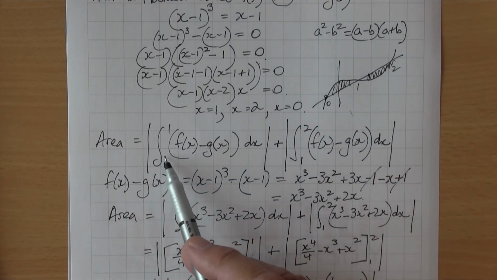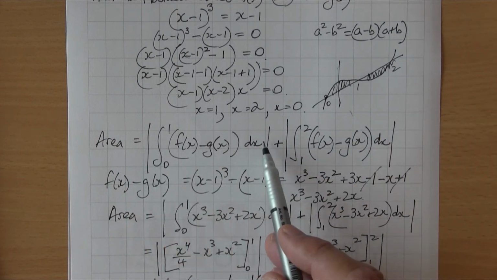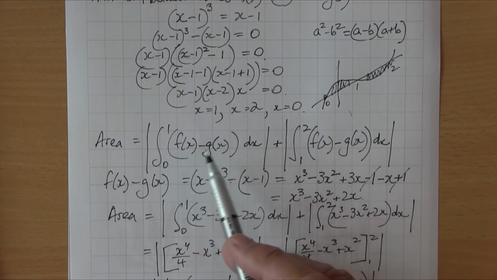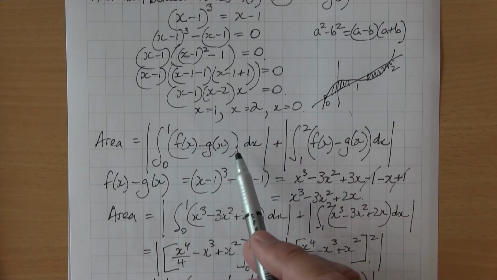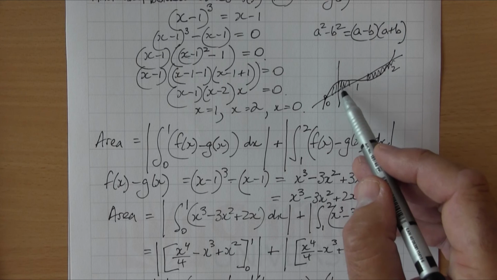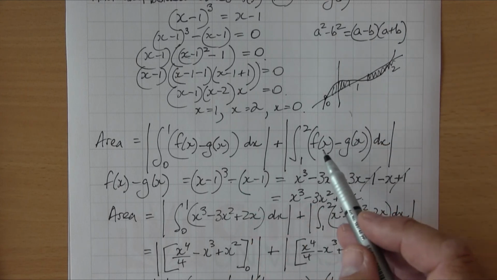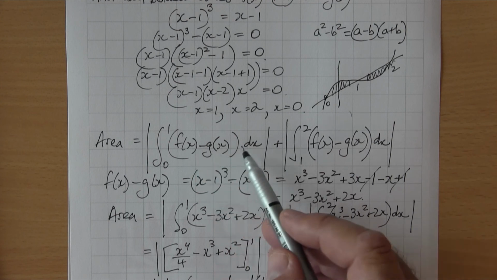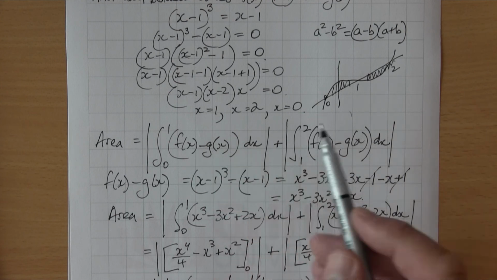So to find the area, if we use the absolute value, we don't have to worry about whether we make it g of x minus f of x or f of x minus g of x. We just find the absolute value, and that will account for the fact that area has always got to be positive. It also simplifies finding the single function of f of x minus g of x.